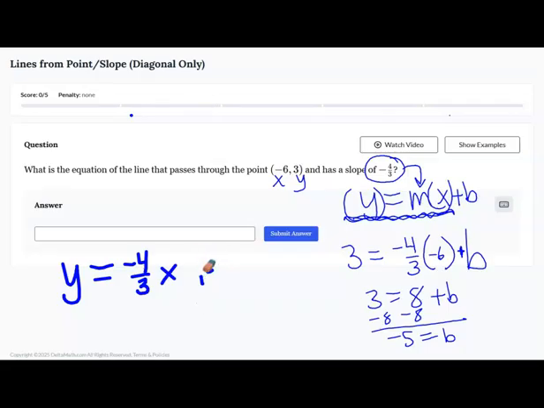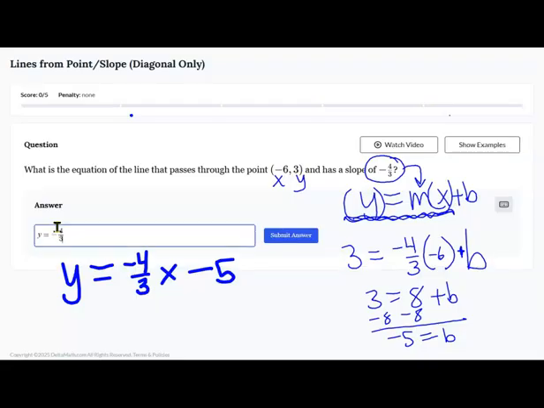So I also need to erase that plus sign, because I need to put a -5 here. Let's type that into our answer field. Y equals -4 division sign 3, arrow out, x minus 5.